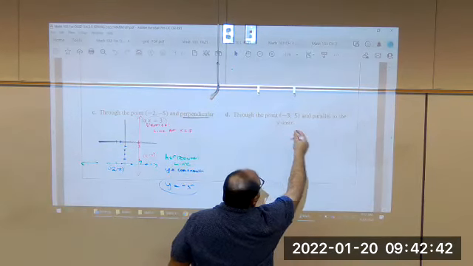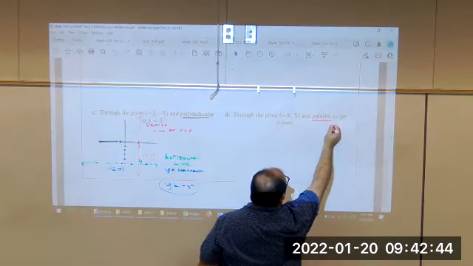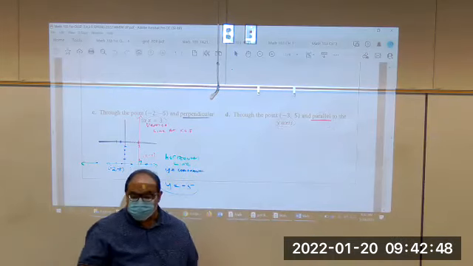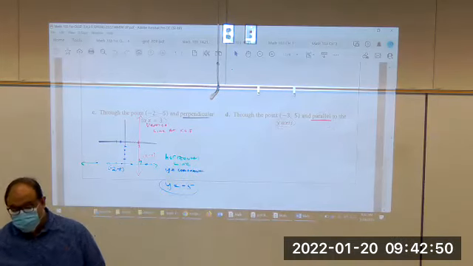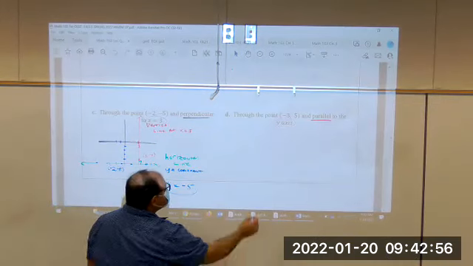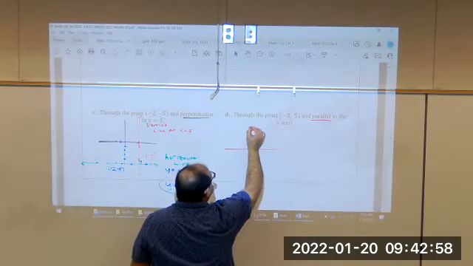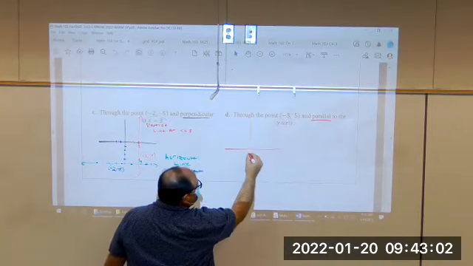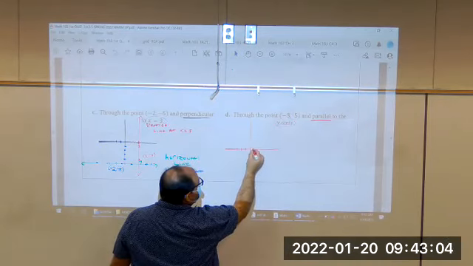Through this point, parallel to the y-axis, which is a special case. So if you're parallel or perpendicular to a special case, you have a special case. Negative 3, 5 is in quadrant 2. 3 to the left, 5 up.